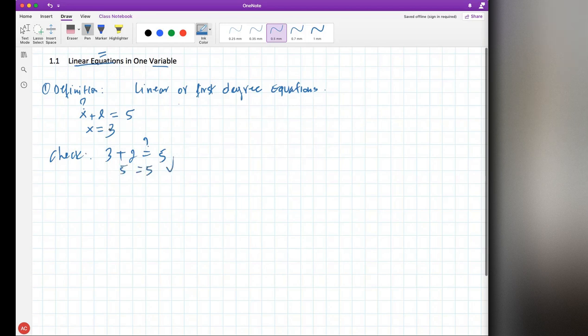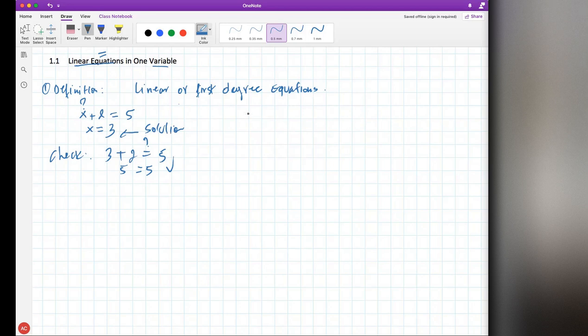If you say the solution, for example, is 4, that would be wrong, because if you put 4 here, it would be 4 plus 2, which is 6, not equal to 5, and 4 will not be a solution. But 3 is a solution to this equation. The only solution is only one number. So that's a very simple example of an equation with one variable.